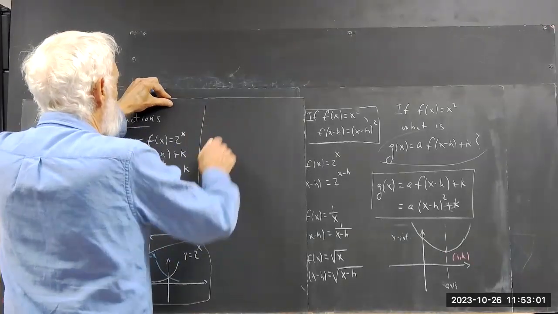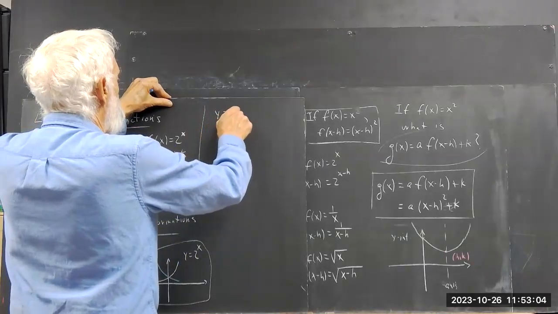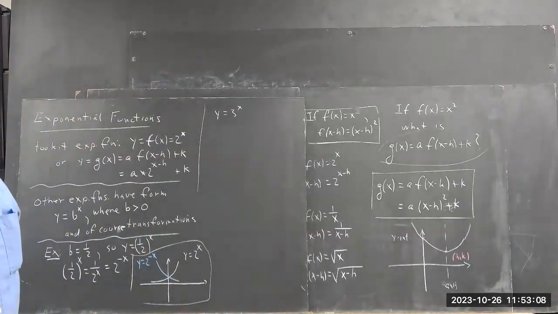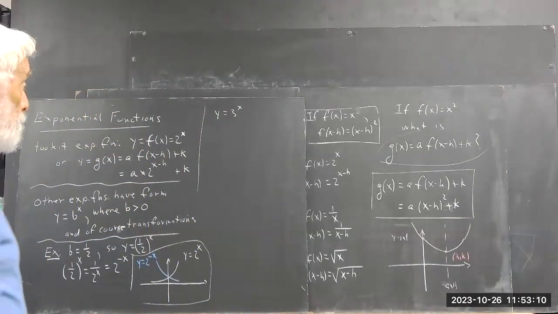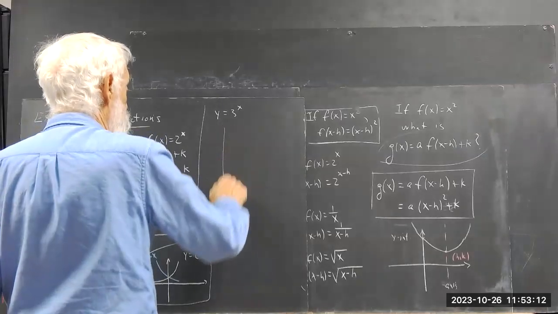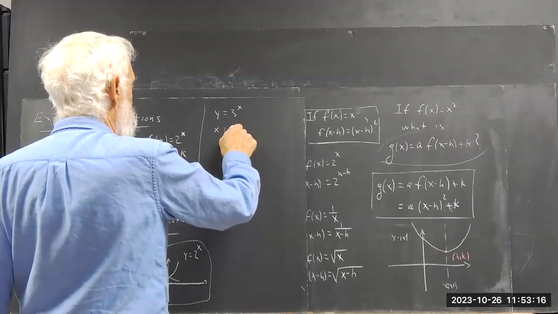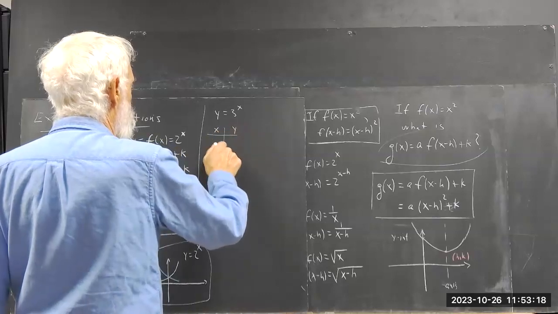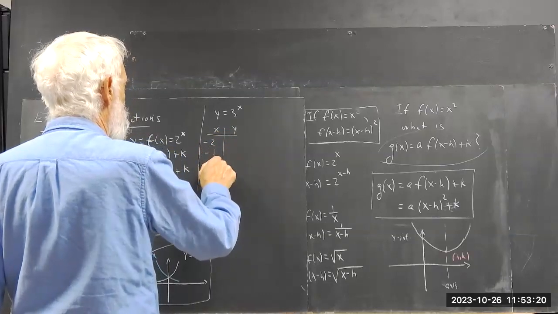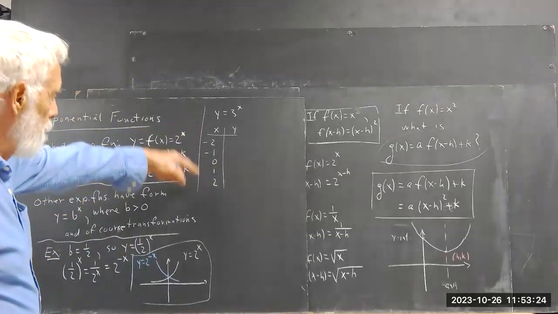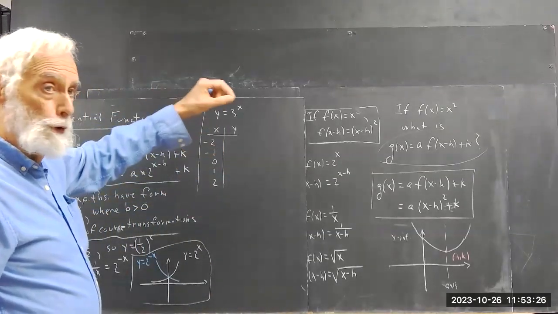Now we've done tables for y equals 3 to the x. Remember, we use tables to construct our toolkit functions. Same x values that we use to construct the 2 to the x function.